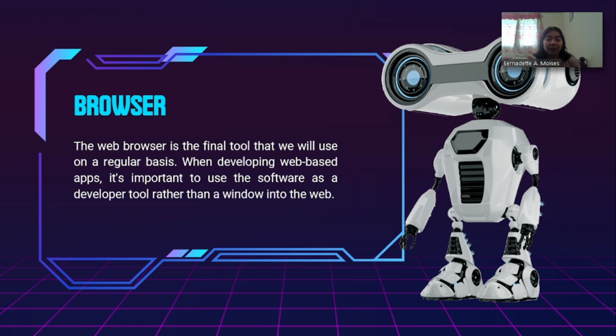When developing web-based apps, it's important to use the software as a developer tool rather than a window into the web. So we use a web browser to see how our code works, or if our code successfully runs, and we can see the changes, or if you want to change something, we can see it on our web browser.